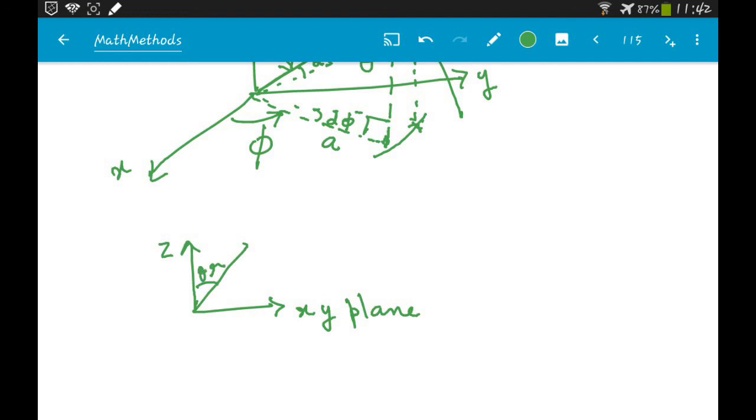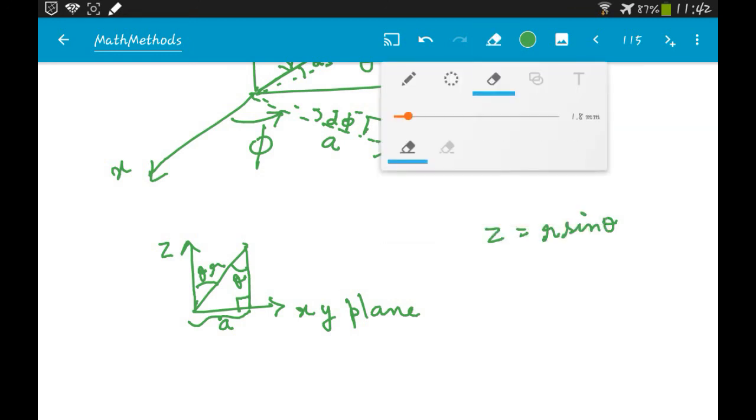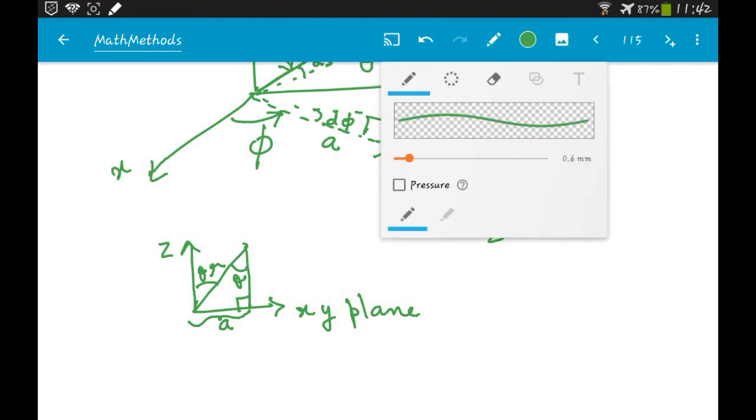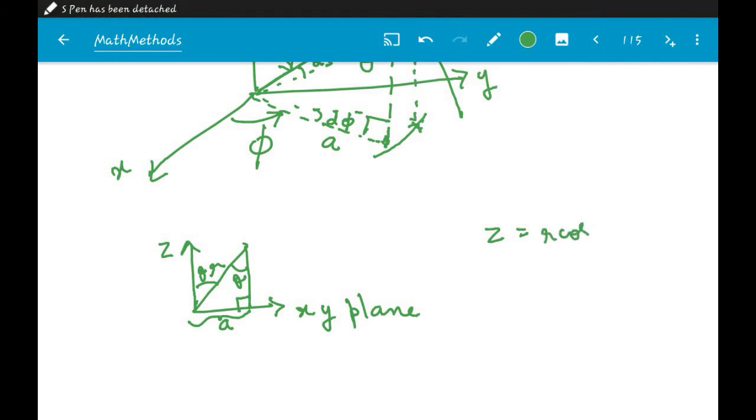It's making an angle theta, and here also it's making an angle theta, and this is 90 degrees, and this length is our A. So we can get that z is equal to r cos theta.